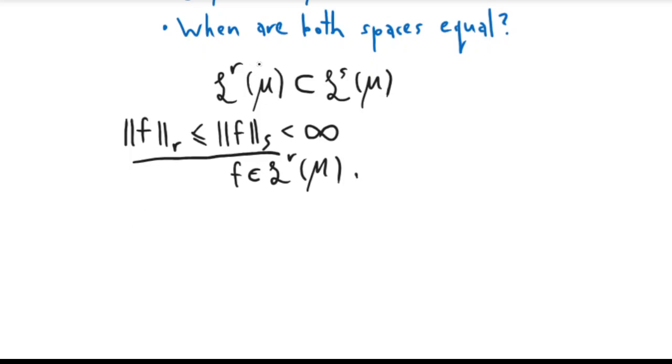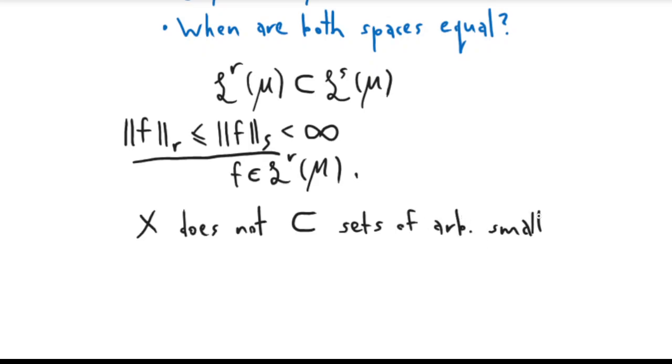But it turns out that this is equivalent to the condition that, again, we're still assuming that the measure of X is equal to 1, X doesn't contain sets of arbitrarily small positive measure.